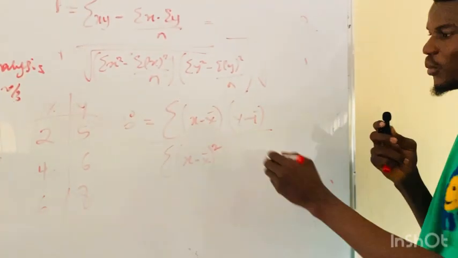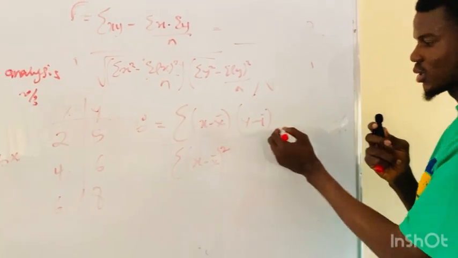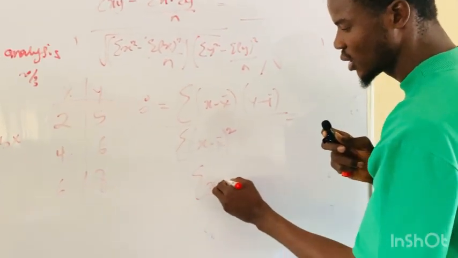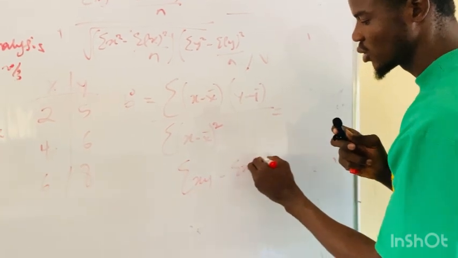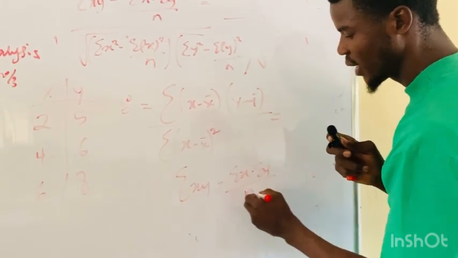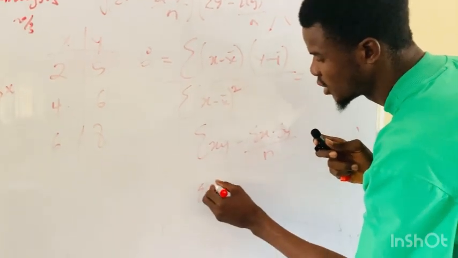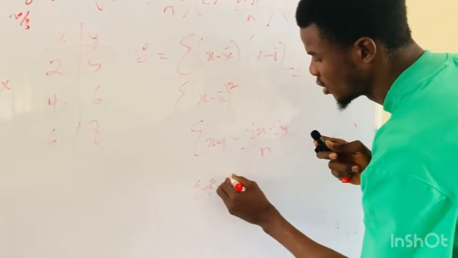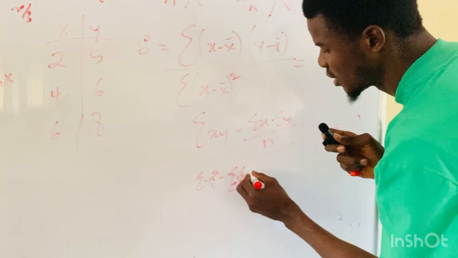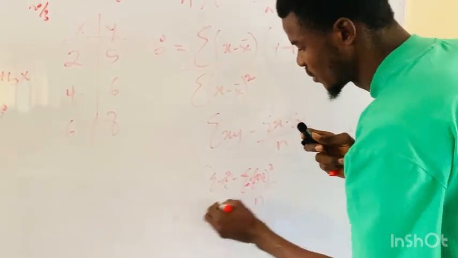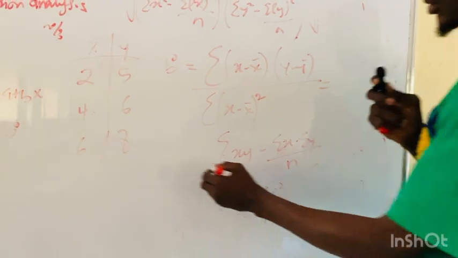This formula can be transformed into an easier way: summation of xy minus summation of x times summation of y, all divided by n, then divided by summation of x square minus, open the bracket, summation of x, all squared, divided by n.